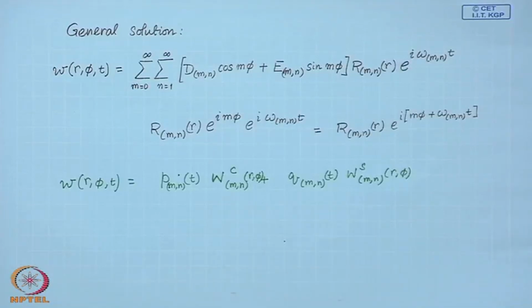For example, for the mode with one nodal diameter, if you have the function p as I wrote here, suppose cosine, and the function q as sine, then you can see that this nodal diameter will actually be rotating. So, no steady solution will be observed as we expect in the case of a modal solution. It might look unsteady. This is because of the modal degeneracy present in the case of the circular plate.